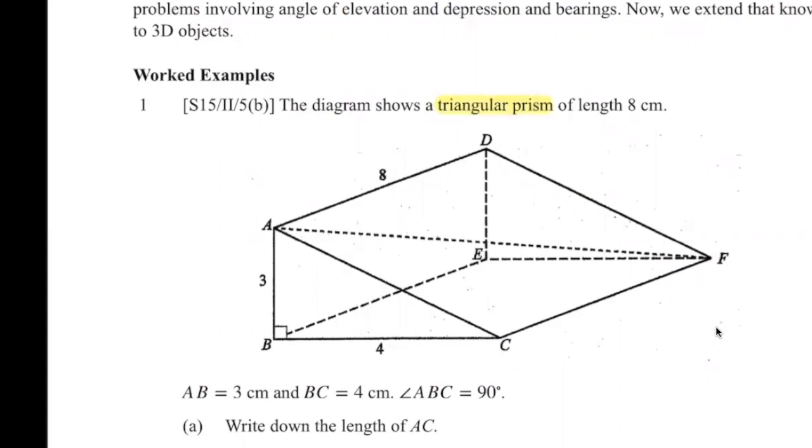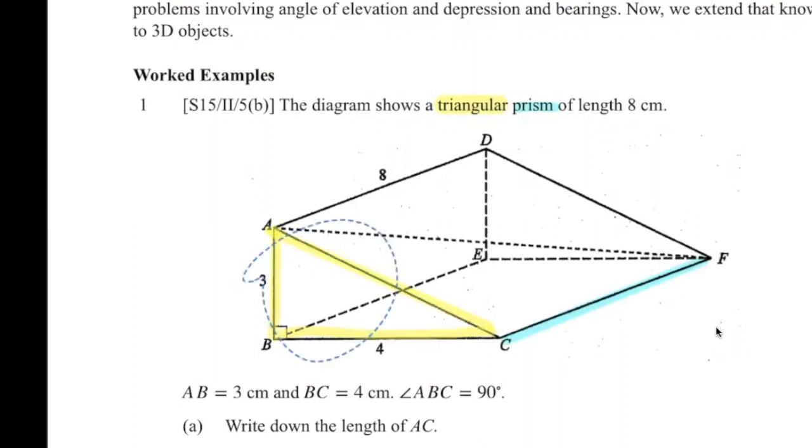A triangular prism is an object with a triangle as the cross-sectional area. Okay, or the cross section is a triangle. And the word prism, let me highlight it in another color, means that along the entire length, no matter how you cut it, you will get back the same triangle.